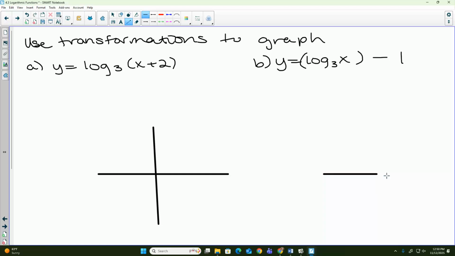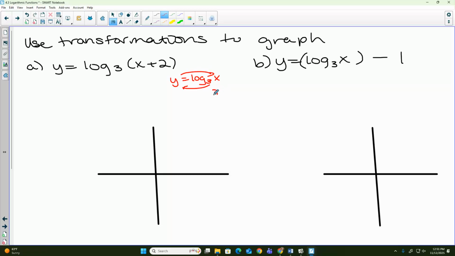Log base 3 of x. Your parent function includes the same base, and it's just plain x. So if I'm going to graph that, it tells me 3 to the y is equal to x. We put in -1, 0, and 1.